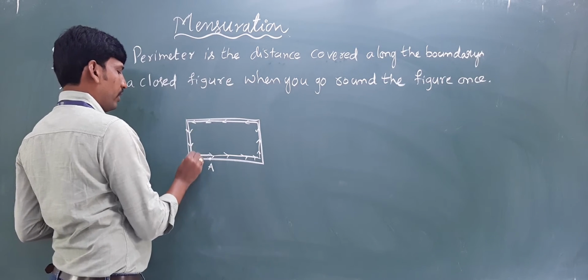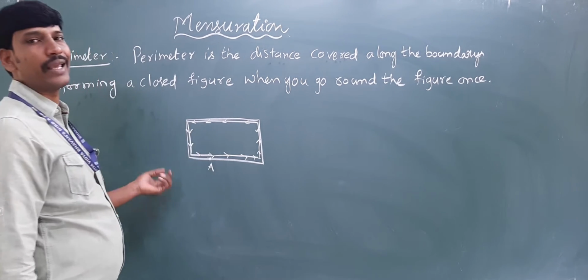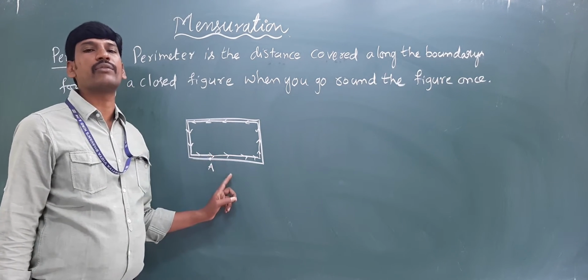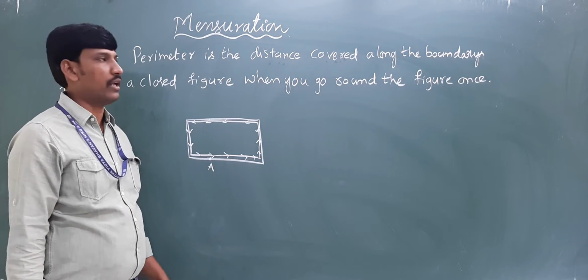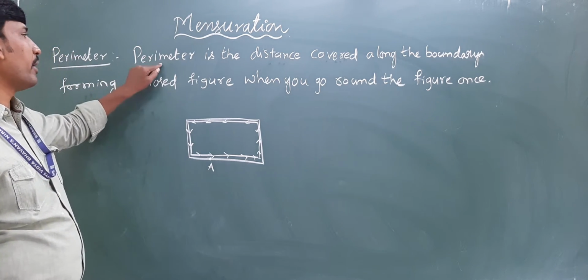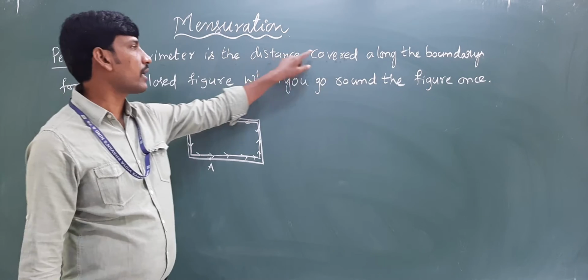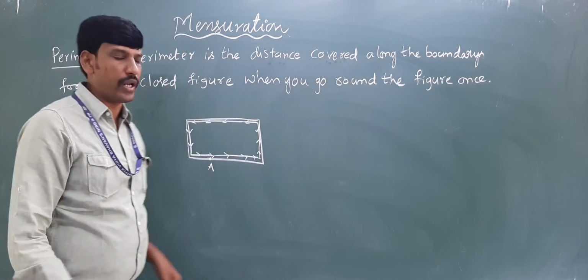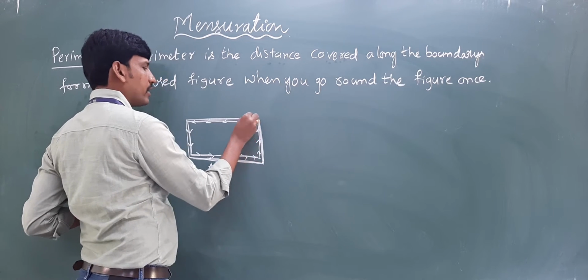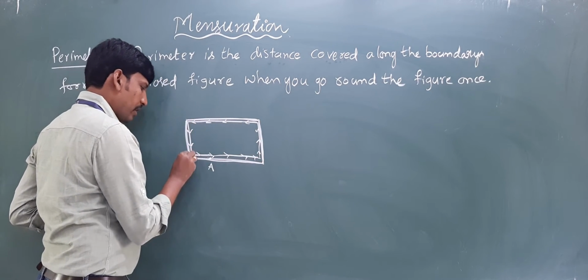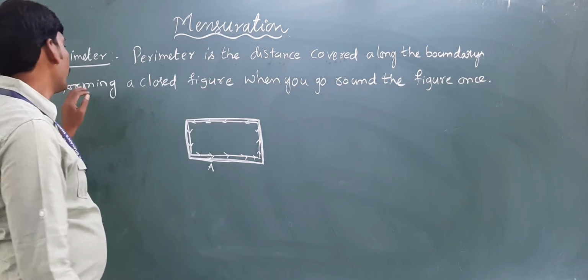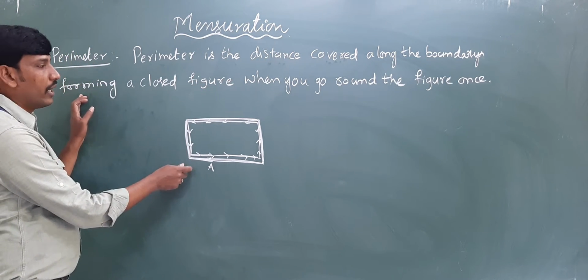Therefore, whatever distance he covered is called the perimeter of the given figure. Clear? So once again, perimeter is the distance covered along the boundary. See, this is called the boundary. Along this boundary, the person is moving, so along the boundary forming a closed figure.